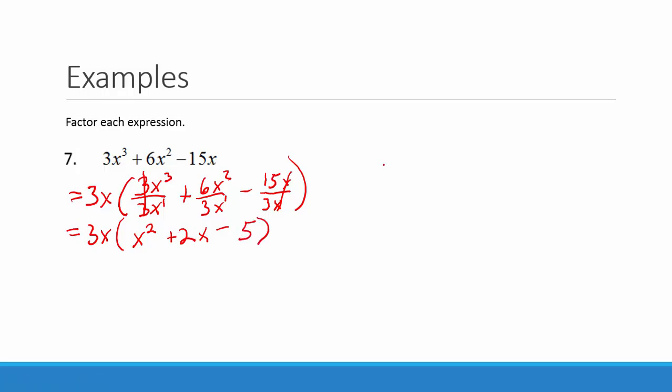Now let's see if we can factor the trinomial that's inside the parentheses, and we'll do that over here. It is in the form x squared plus bx plus c, so we will solve our number riddle. Where c is negative 5, I need factor pairs of negative 5 that add to give me b, which is 2.